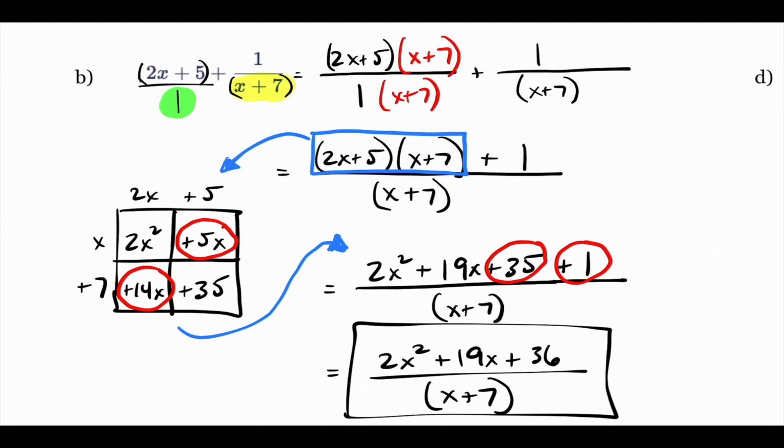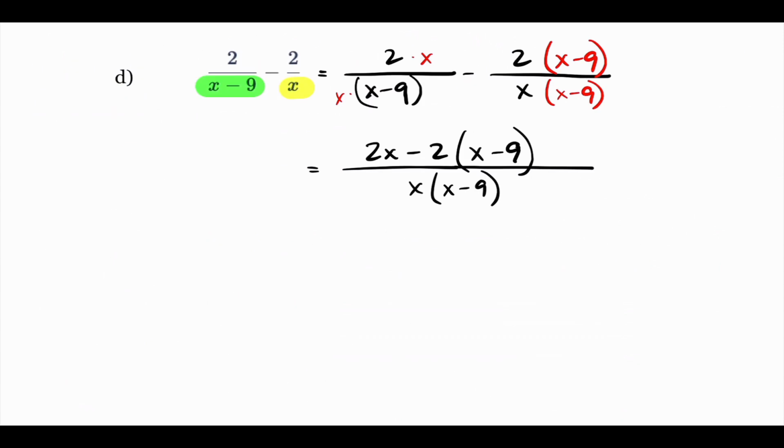Look at it from the very beginning. It was 2x plus 5. They were always together. That's why I had to do that there. This guy, the 2x minus 2, they're on different sides.